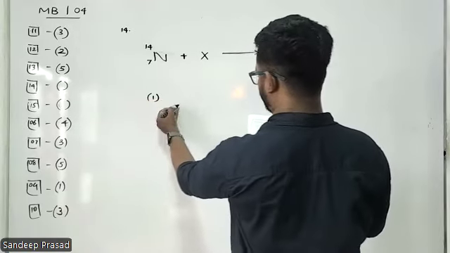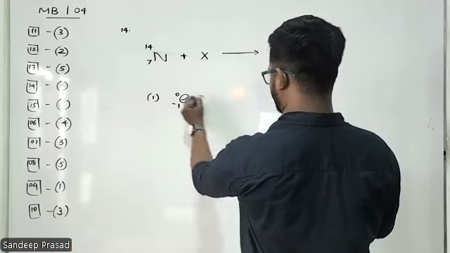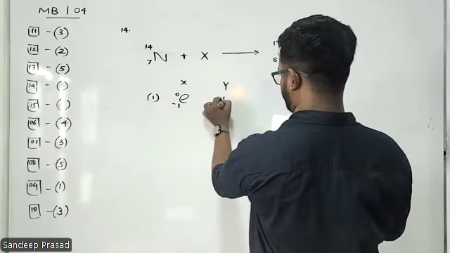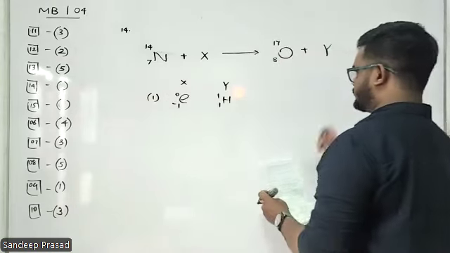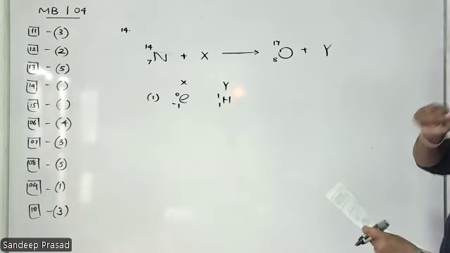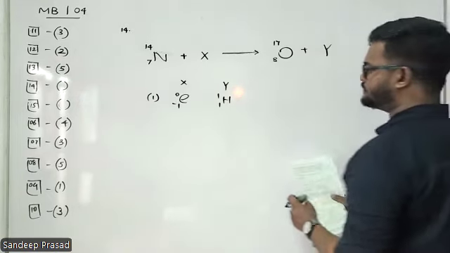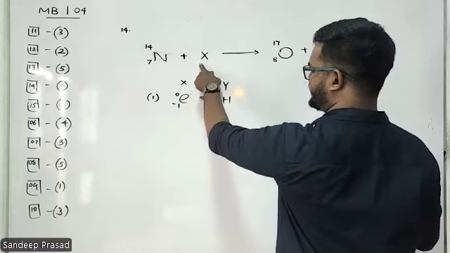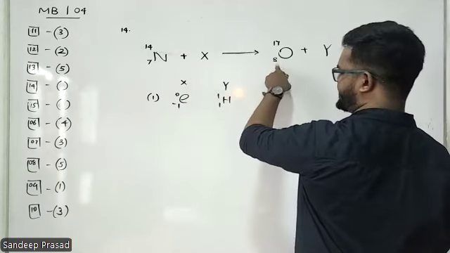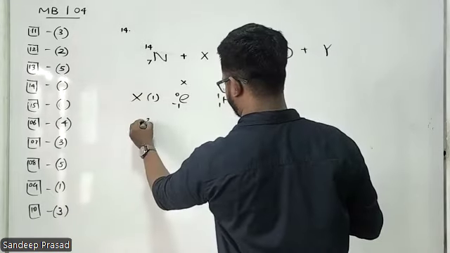The first option, A, is electron -1 0 and hydrogen 1 1. Can it be? If I put electron here, then 7 minus 1, it becomes 6. Already 8 is there. First one is not correct.